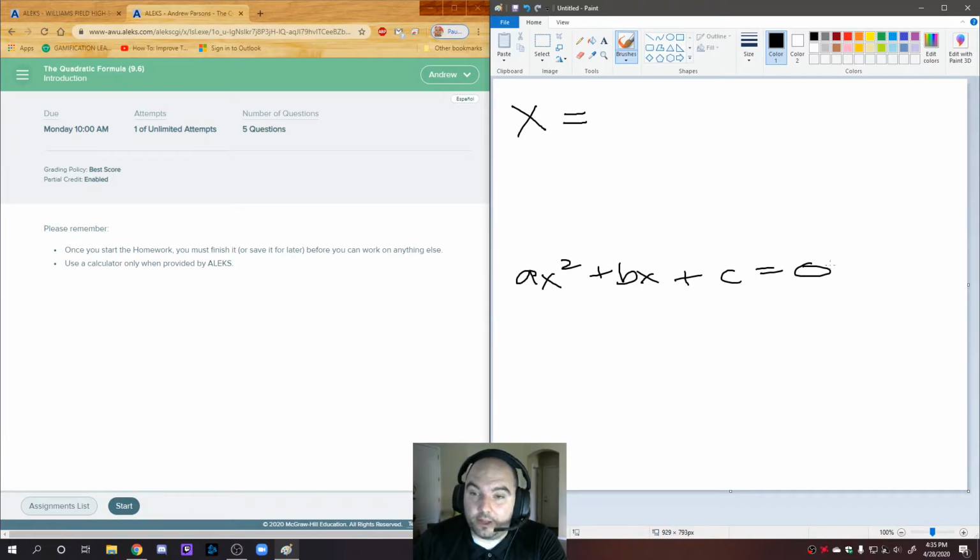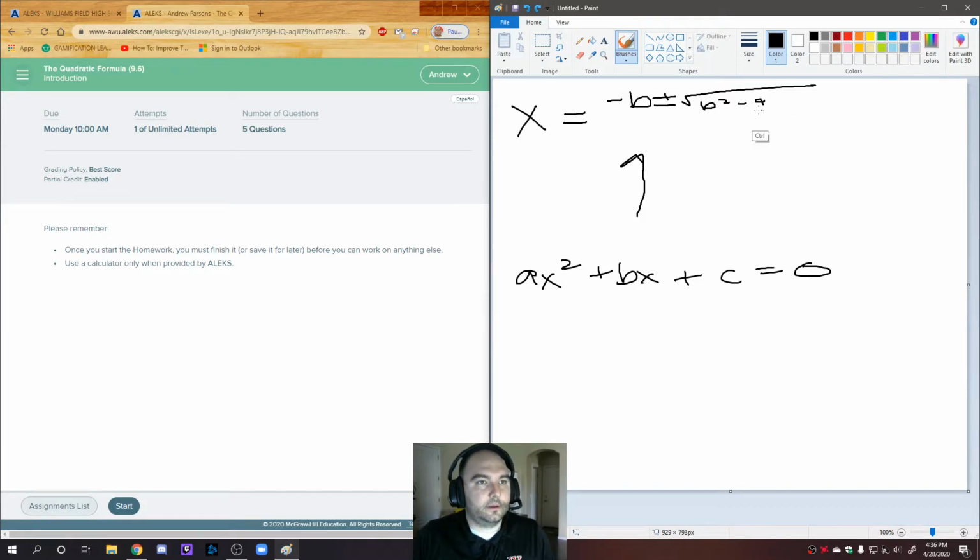And you think, okay, that's kind of weird. How do you do that? Because there's no numbers in it. Well, it can be done. And what it turns into is x equals negative b plus or minus, a plus or minus sign, kind of like from earlier. And inside this giant root is b squared minus 4ac. That's not a very good looking 4. I'm going to redo that one. 4ac.